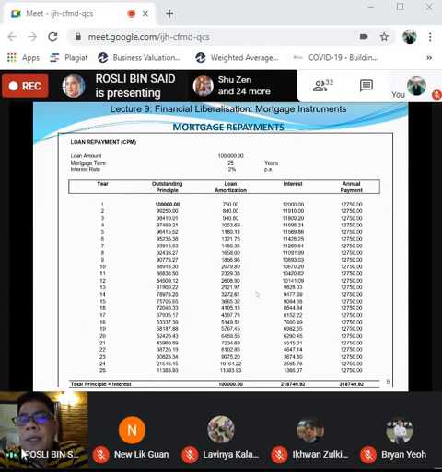So that's for payment. But when it comes to investment, for example, whenever you decide to sell the property in any particular year, like in this case, for example, you decide to sell your unit in year 10, basically you still have to pay the bank 88,918. You still owe the bank 88,000.